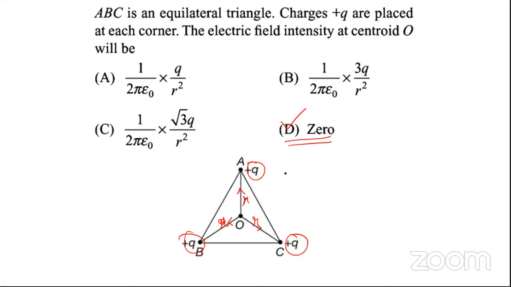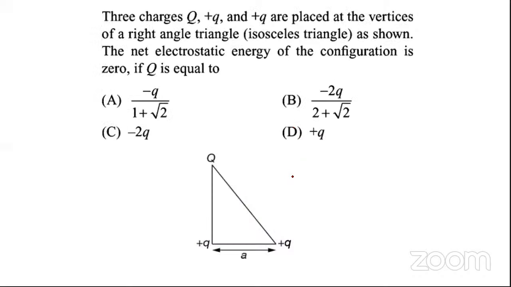Is this one clear to everyone? Three charges, capital Q and two positive small q, are placed at the vertices of a right angle triangle.